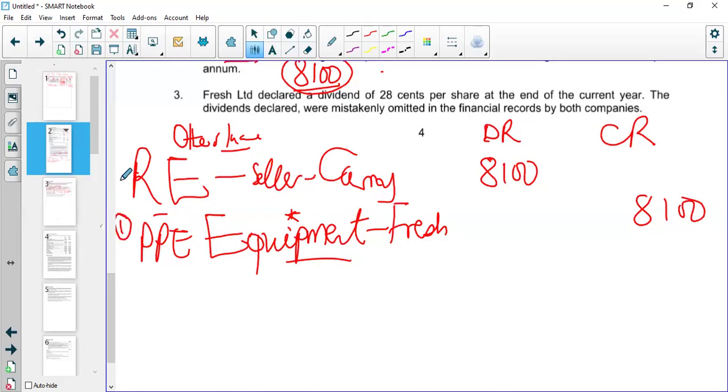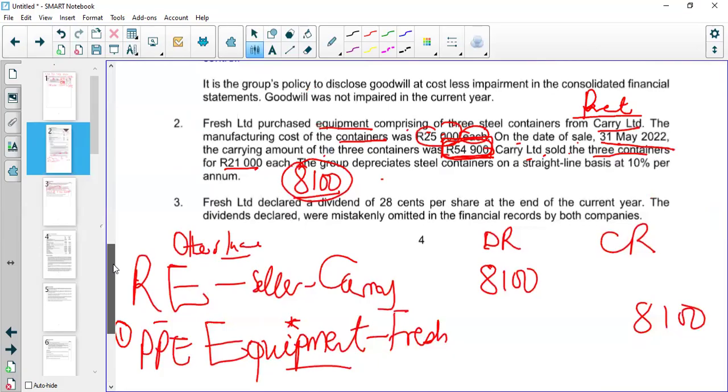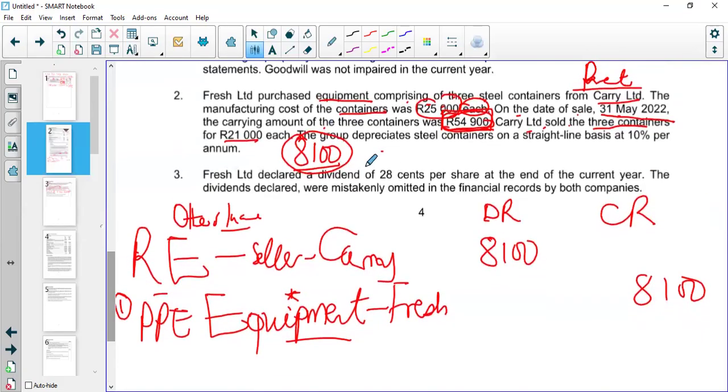The first journal entry is to deny profit from the seller and also deny the buyer who has the asset the additional valuation of the asset based on the profit. So the equipment was recorded as 63,000.